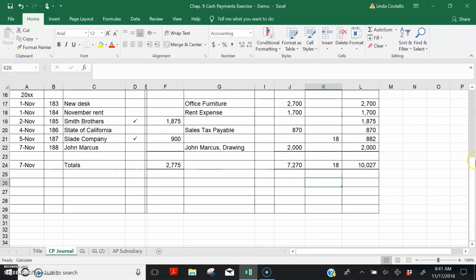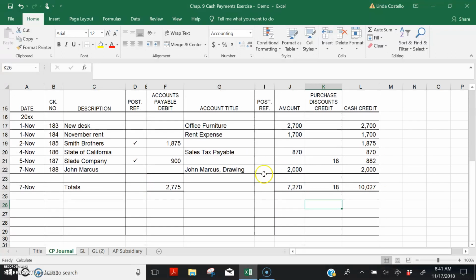The total debits to accounts payable is $2,775. The total of debits to other accounts for the week is $7,270. The total credits to purchase discounts is $18 for the week, and the total of credits to cash for the week is $10,027.